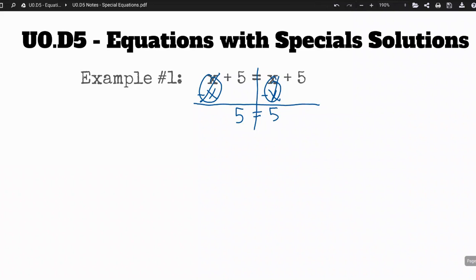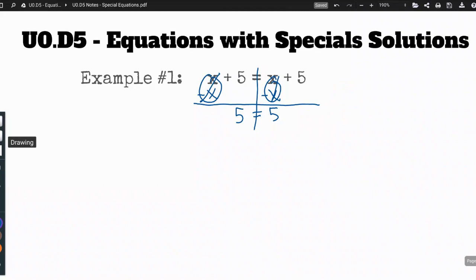When this happens, that's like a light bulb goes off, like a light bulb that says something's going on. This isn't quite right. I can't have an equation without x in it. Well, you actually can, and it's one of our special equations.